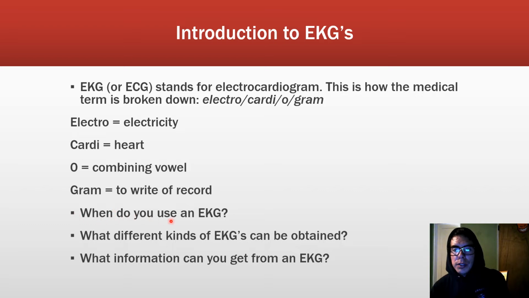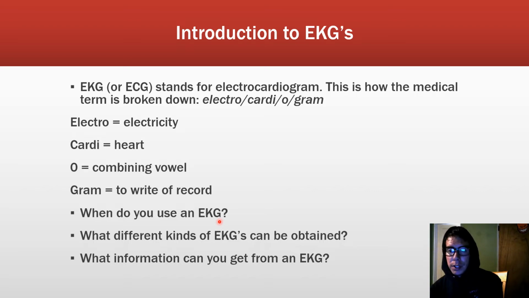So when do we use an EKG? Really, you can use an EKG whenever you want. There's never a time when you shouldn't use one, but generally it's going to be chest pain, obviously, and respiratory things, just because there can definitely be cardiac components with respiratory problems, so we want to rule it out.